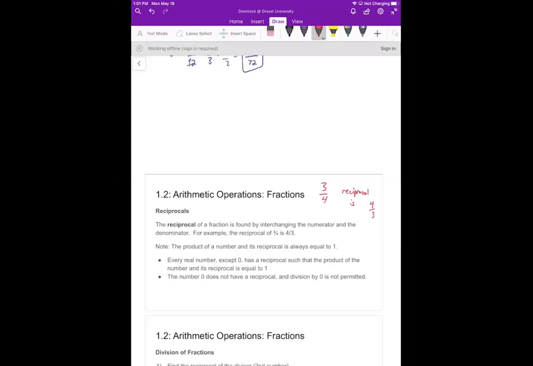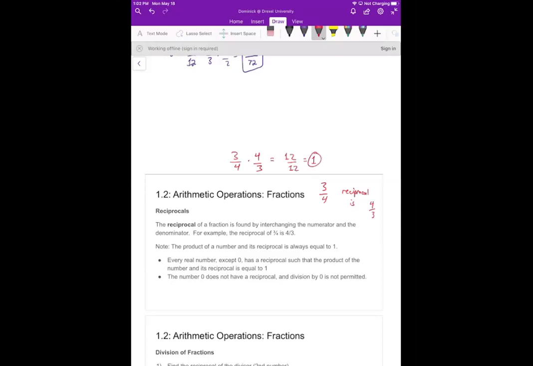One sort of interesting fact about reciprocals is that if you multiply a fraction by its reciprocal, you always get 1, right? And so, just look at this example that we just had. If we multiply these two things together, I get 12 over 12, which is, of course, 1, right?